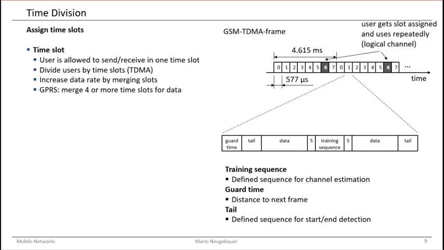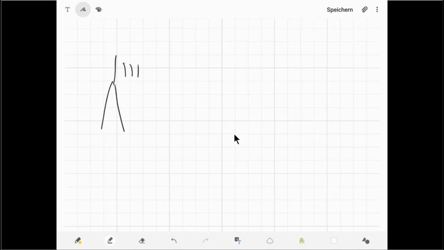You see that here in this picture, and you see that the timing starts with the guard time. The guard time is important to cope with different distances of a mobile station to the base station, to the antenna.